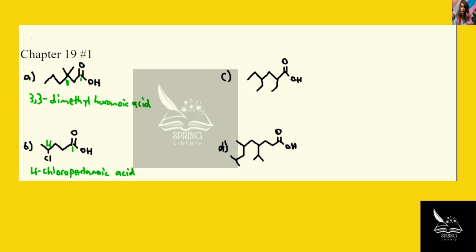So then for C, we'll follow the exact same rules again. So 1 here. So substituents at 2 and 4, and they are ethyl substituents. And this is a 6-carbon chain, so it's going to be hexanoic acid once again.